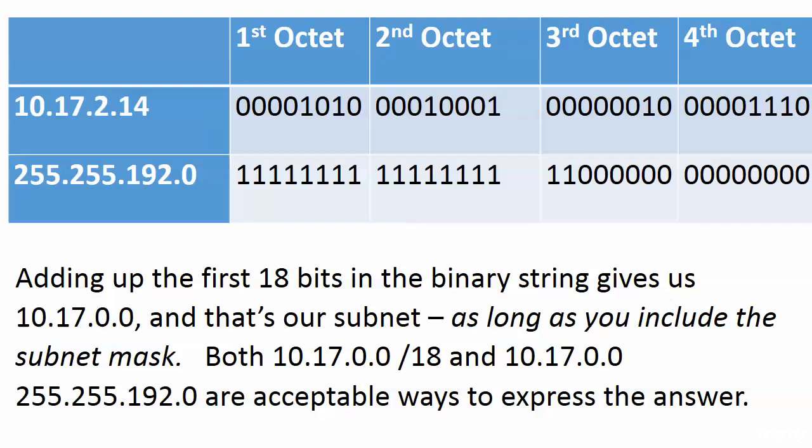Now, watch this on your exam because I'm just saying that if I were writing the exam question and I asked you which subnet was the correct one, I might put 10.1.0.0 in and not put a mask in. That would be incorrect. You have to give the subnet mask along with the subnet itself, because if you just say 10.1.0.0, you're not really saying anything. You're not really answering the question.